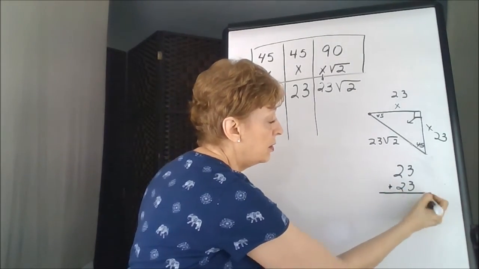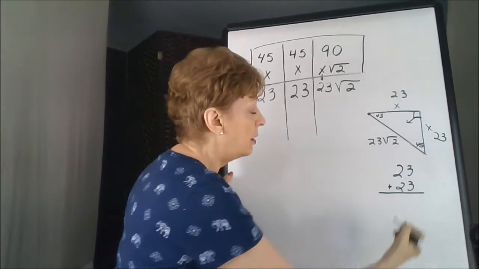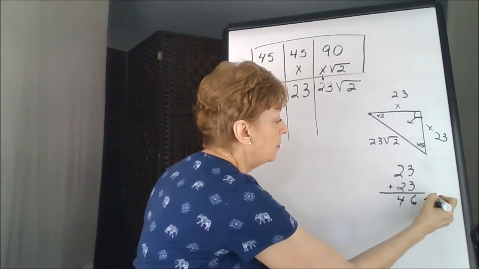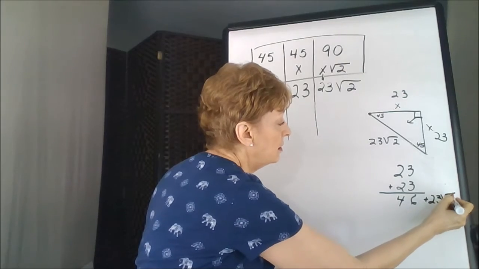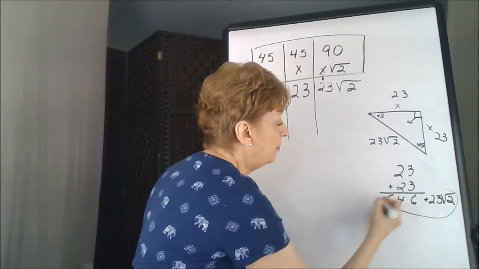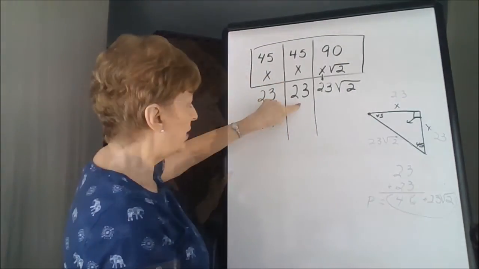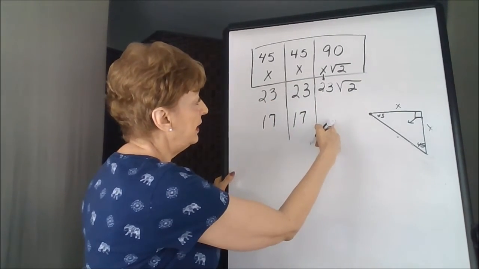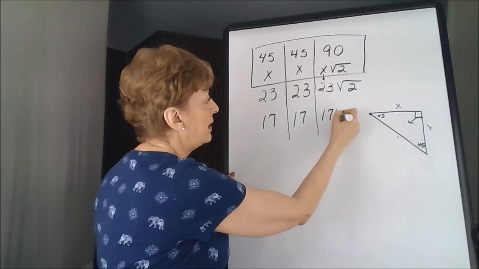So we're going to put together combined like terms, and then this one is just put on like this. So that would be the perimeter, P equals. That's another x term. We can copy it right here in our chart. That helps us. And then over here, we have 17 radical 2.